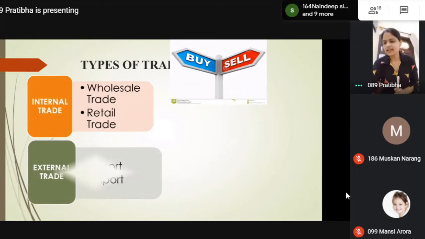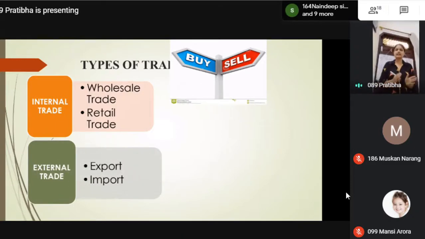Next is external trade. External trade refers to buying and selling of goods outside or beyond the boundaries of a country.